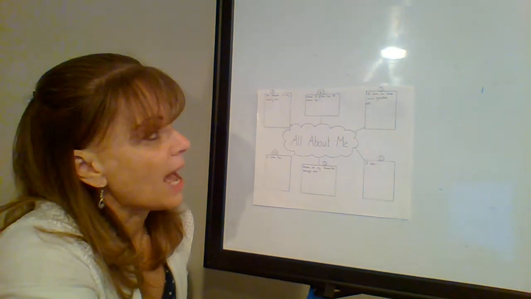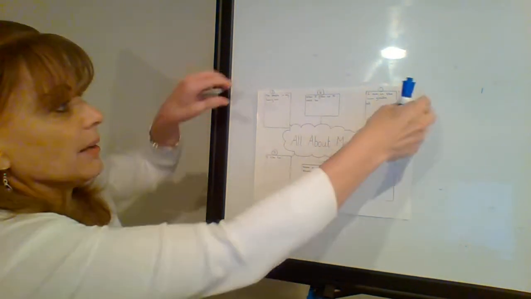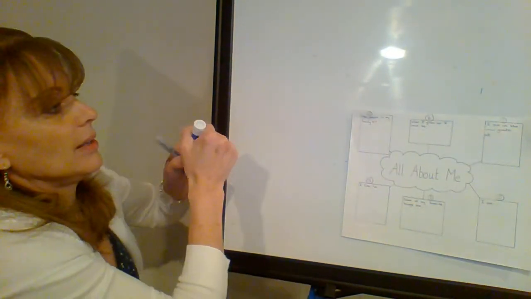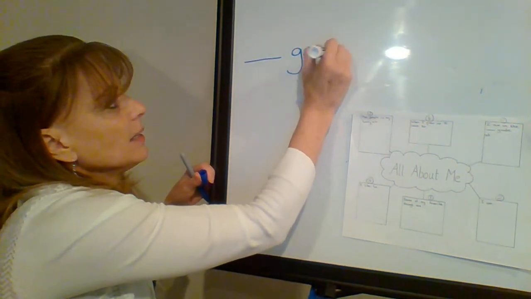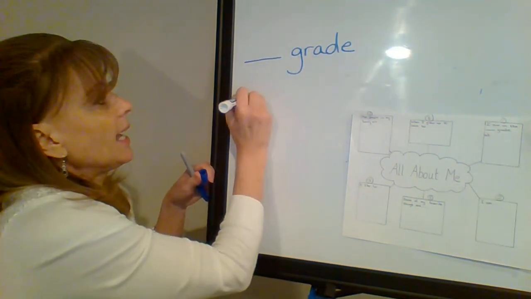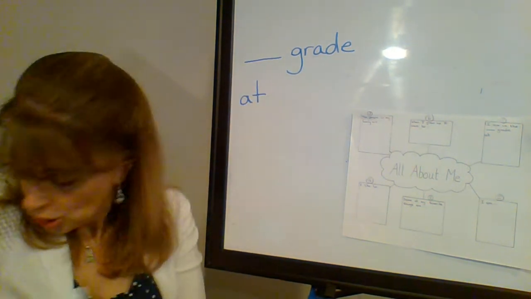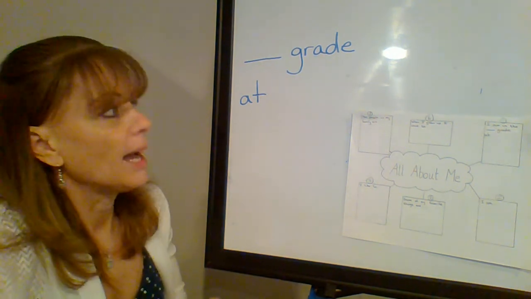It says, I am in the blank grade at blank. Okay? So you have blank grade at. So on the line, you are going to write, oh, I ended up with all Sharpies.